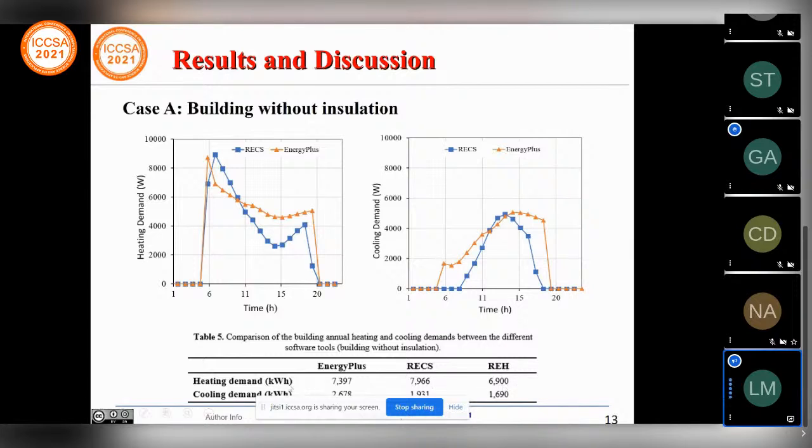You can see that in winter the results are quite good for the three software tools, even the REH, which is not dynamic, but the cooling demands are different. And the REH is not accurate at all for calculating the energy demands in summer.